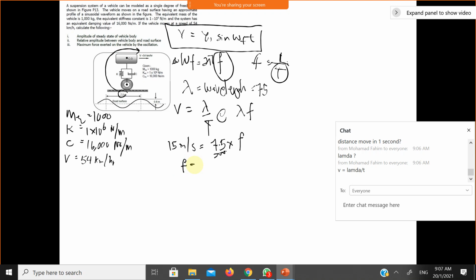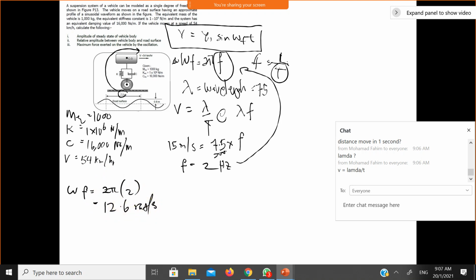Okay, so then we can find what is our F. So F must be, berapa F? 2, isn't it? Betul ke 2? F is 2 Hz. Alright, once kita dah dapat F, then back to this formula lah untuk dapatkan omega F. So omega F is 2 pi times 2 equals to 12.6 radian per second.